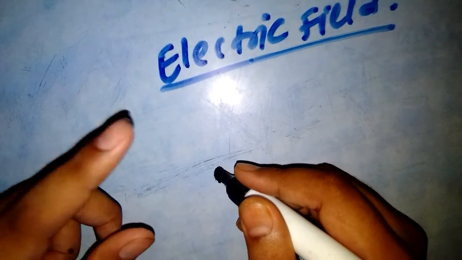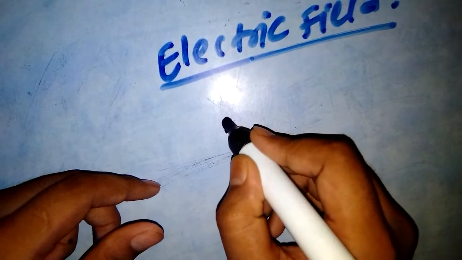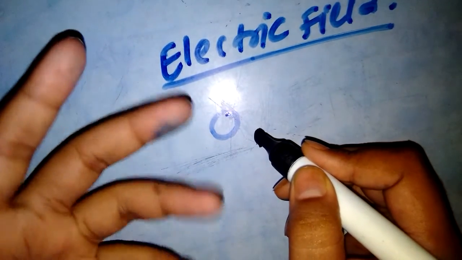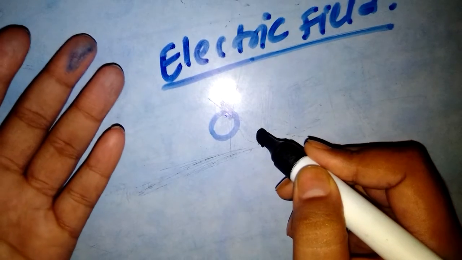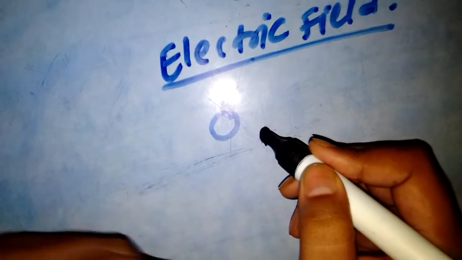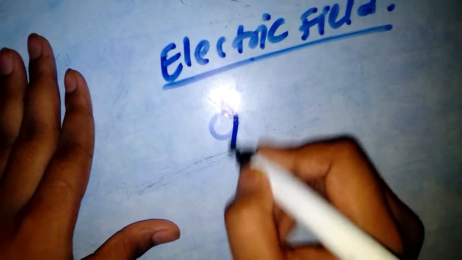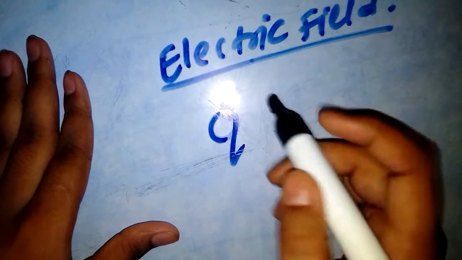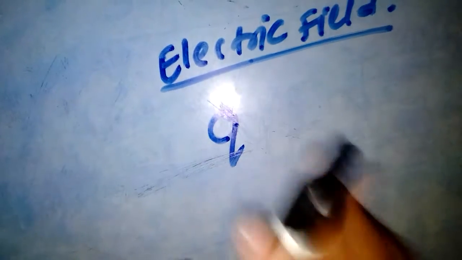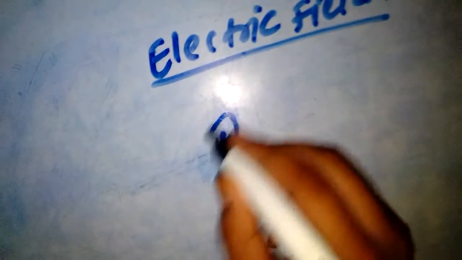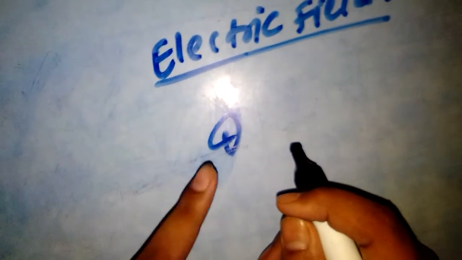What we do is keep a magnet, and we have done some lab experiments also. But here we have to keep a charge. Let it be capital Q. That might be a source charge.